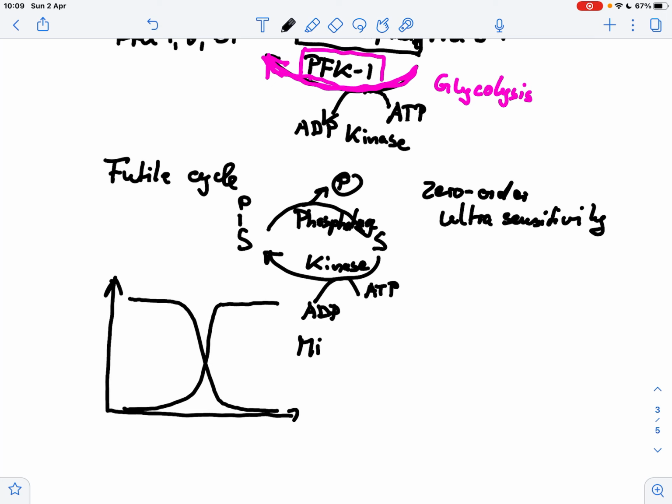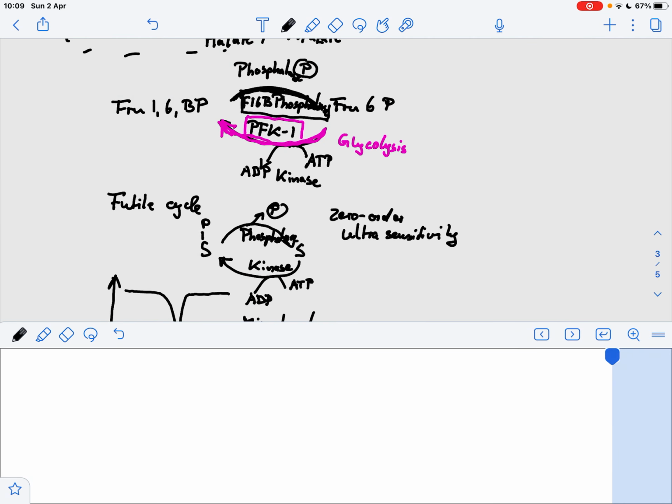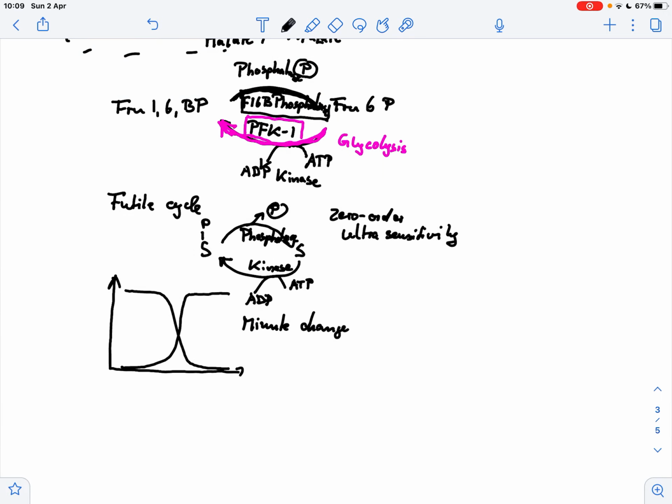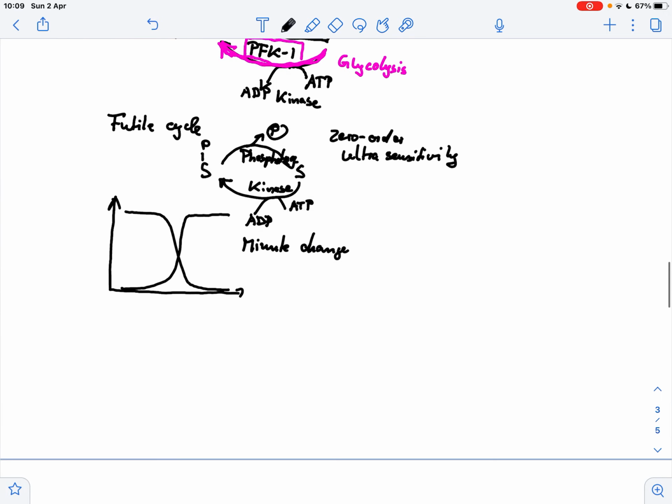So a minute change in activity will result in a switch-like behavior. Switch-like behavior.